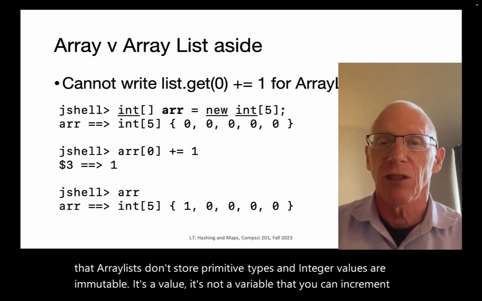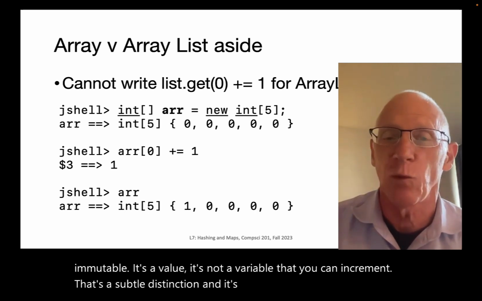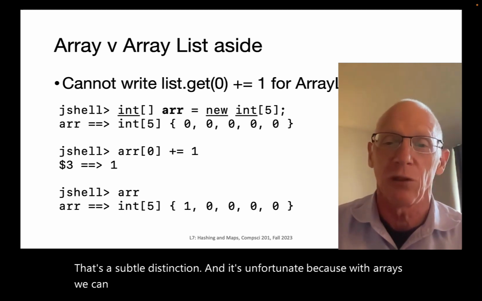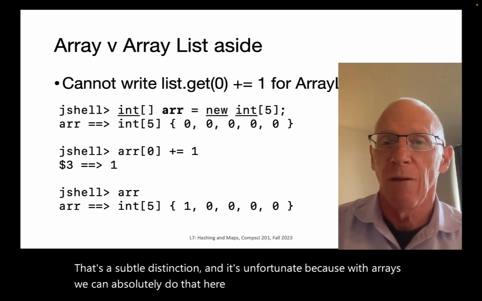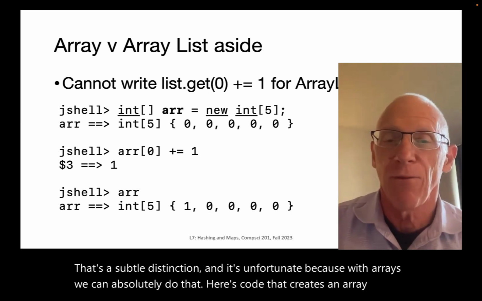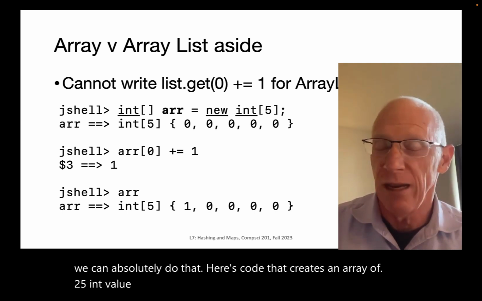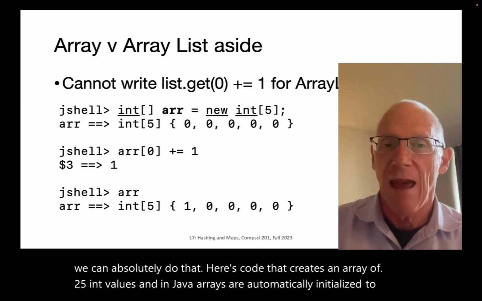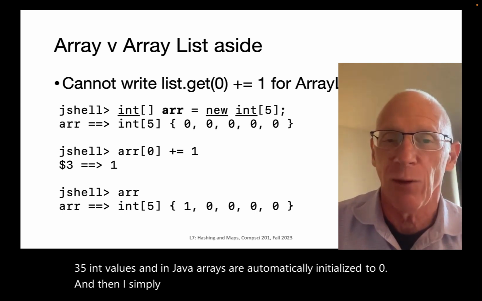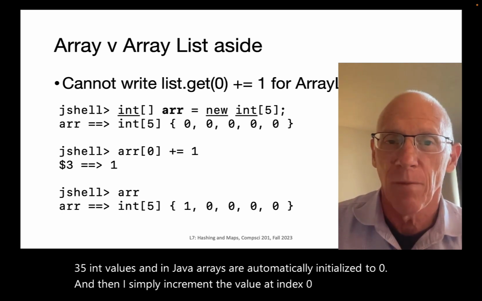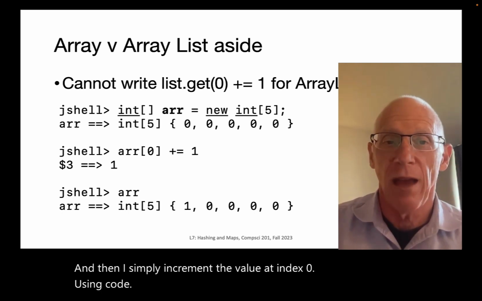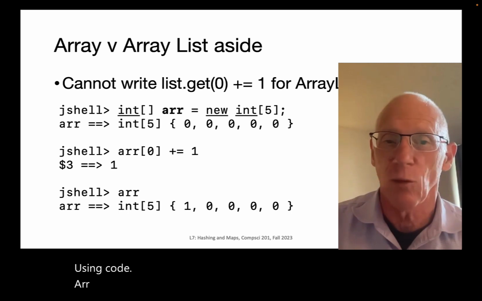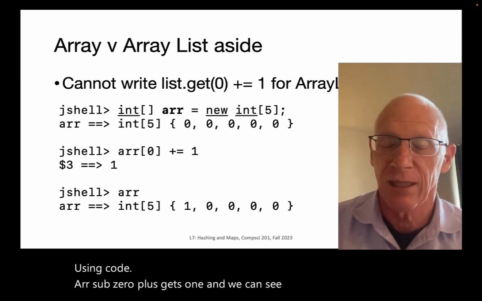That's a subtle distinction, and it's unfortunate because with arrays, we can absolutely do that. Here's code that creates an array of 5 int values, and in Java, arrays are automatically initialized to 0. And then I simply increment the value at index 0 using code arr sub 0 plus equals 1, and we can see that successfully works.